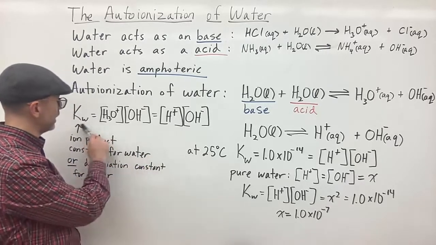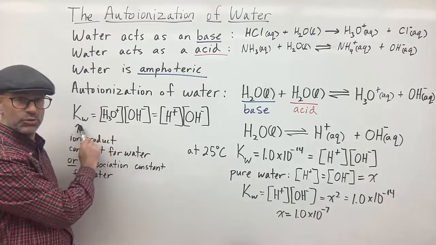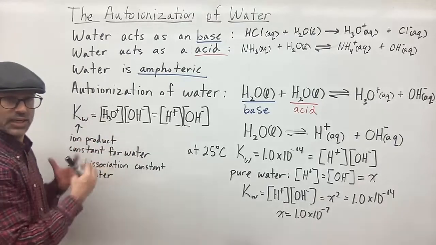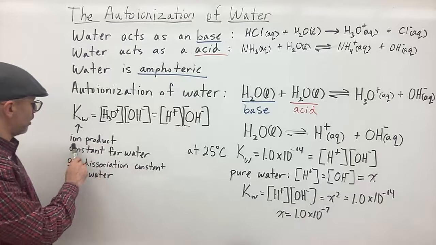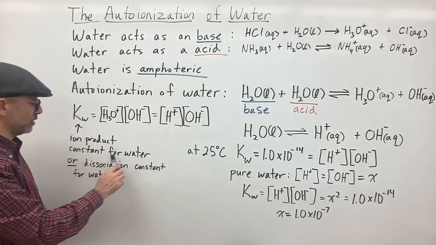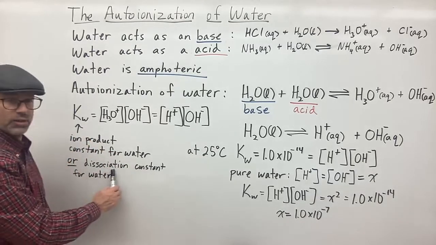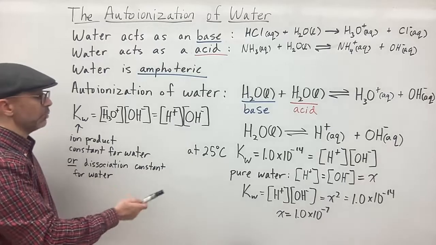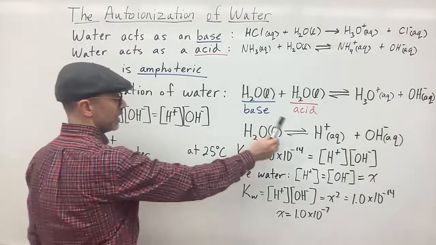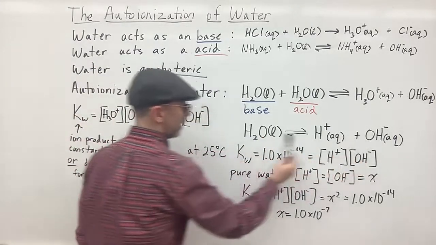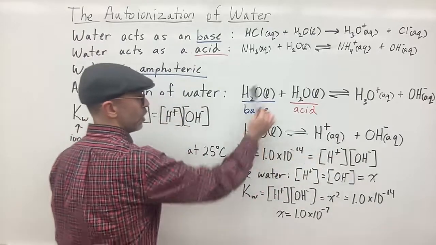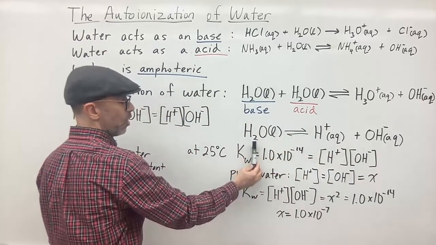So here is where we get the expression. Kw is the equilibrium constant for that autoionization, and we call that the ion product constant for water. Or we also call it the dissociation constant, because we can represent the equation of the autoionization of water like this.